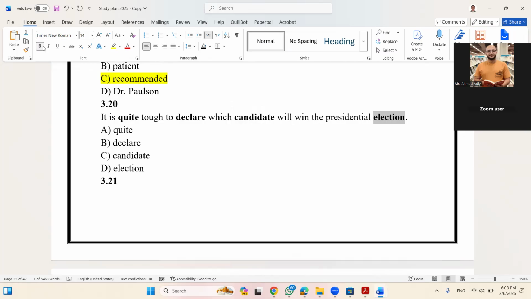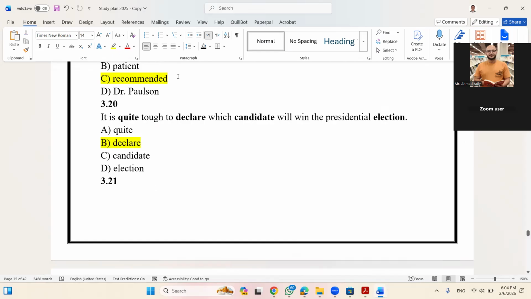So what does it mean when I make something known, for example, when you tell something to somebody? It is announced. يعلن. The problem here is with "declare". What is the sentence about?